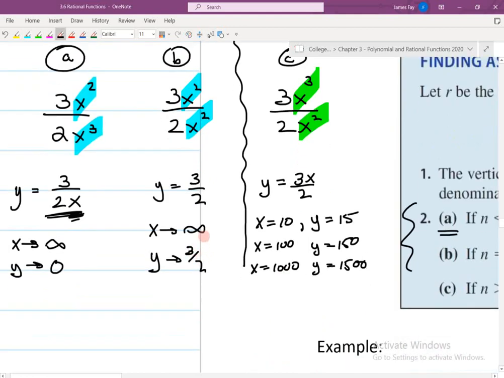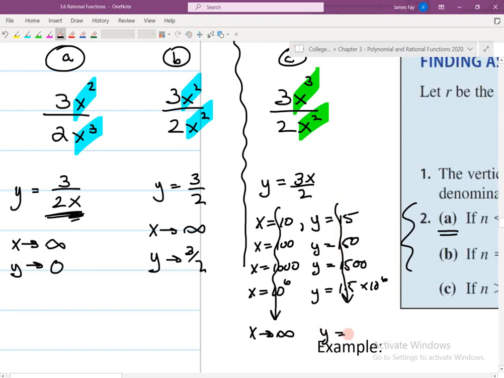If x is 1,000,000, then y would be 1.5 million. That makes sense? These x's are getting bigger and bigger, x is going to infinity. What is y going to? y is also going to infinity. Therefore, there is no horizontal asymptote.